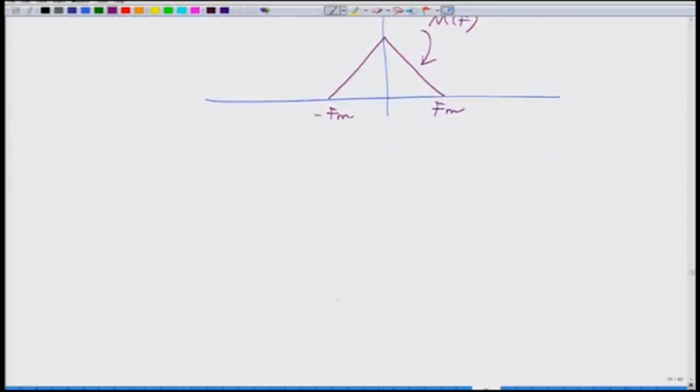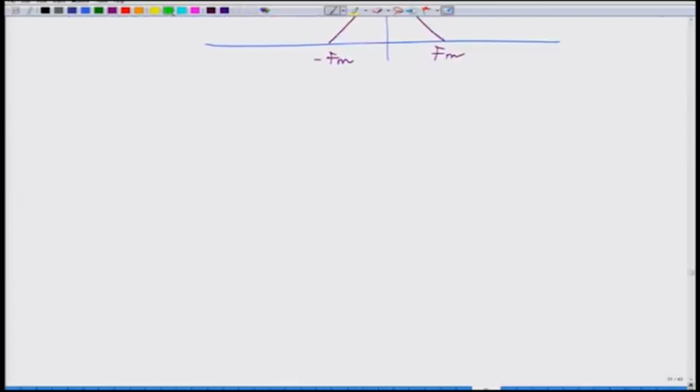So, therefore, the reconstruction procedure would be, I have my PAM signal, or my MP of t, I pass this through first LPF, cutoff is Fs by 2, okay. This is my PAM signal.